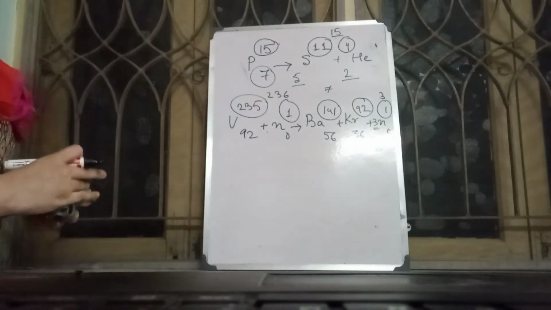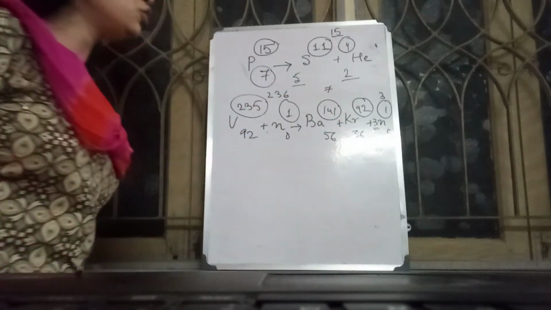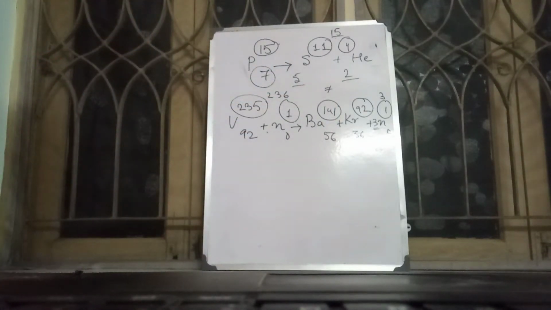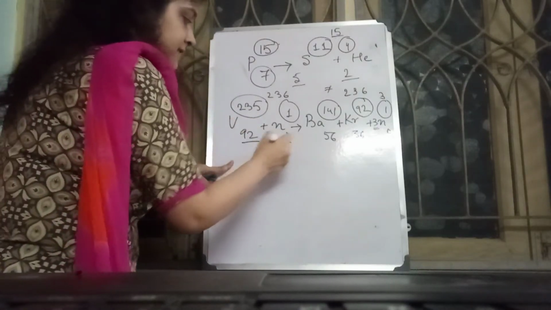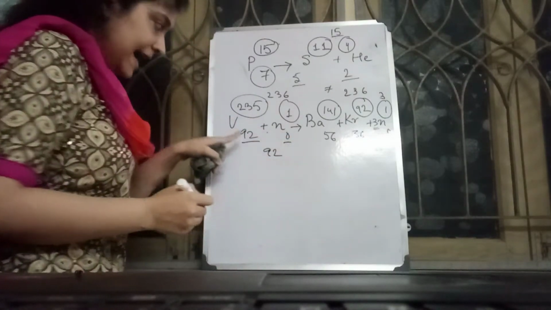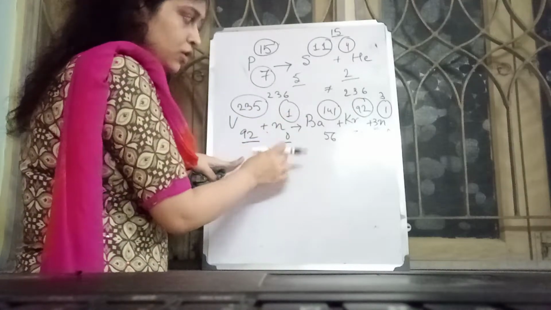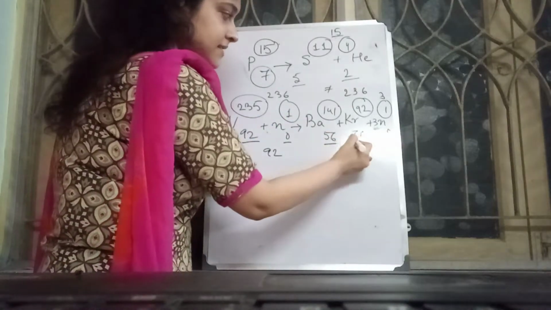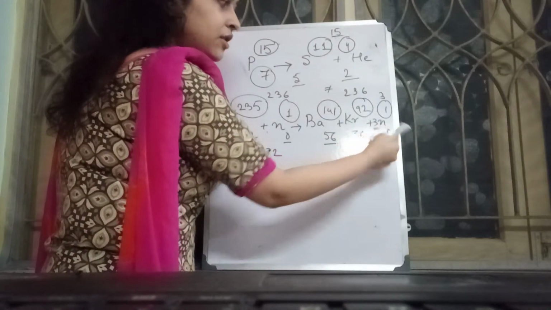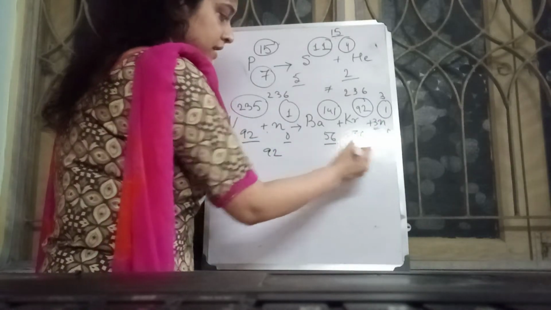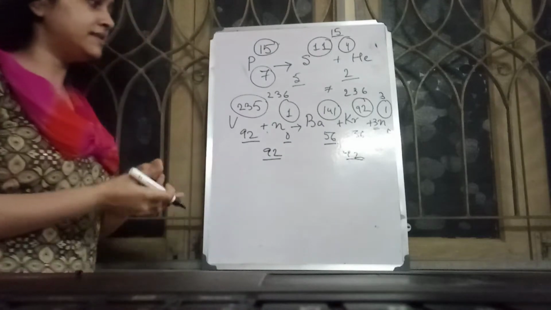So then just see 141 plus 92 plus 3. And here the atomic number before the reaction is 92 plus 0, 92. After the reaction, 56 plus 36, and 3 times 0 is 0. So 92 again. See, the atomic number also remains the same.